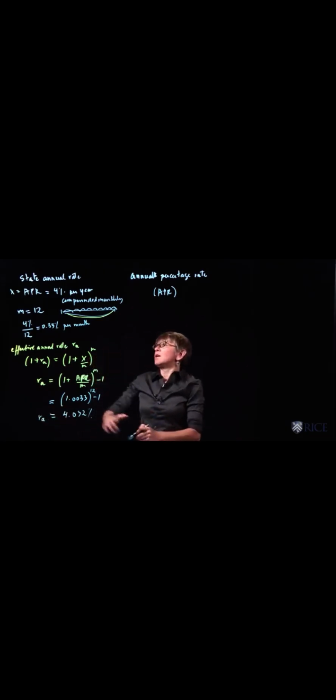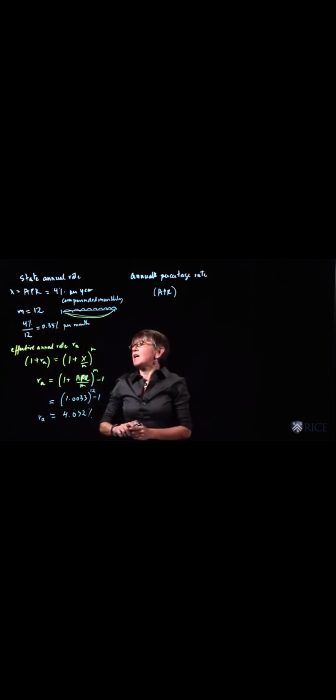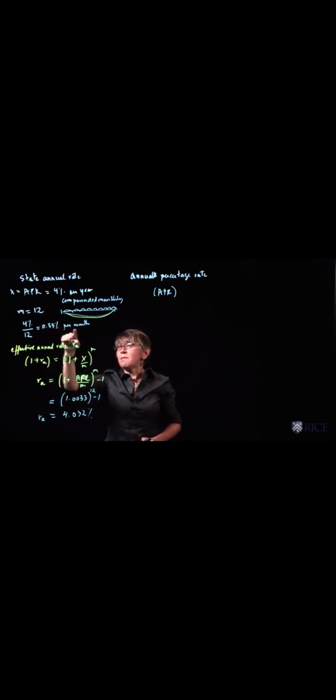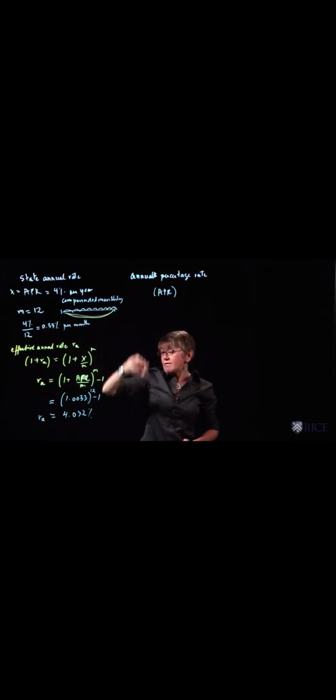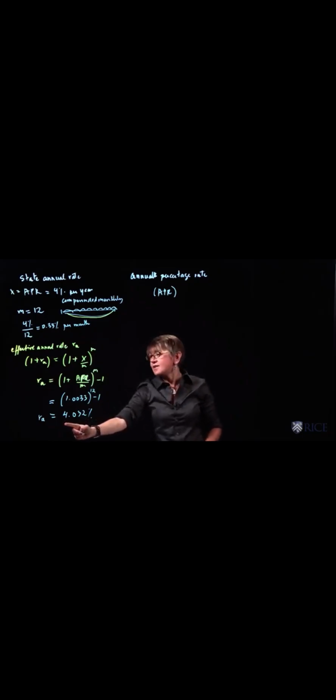So the stated annual rate was 4% per year, compounded monthly. That gave us 0.33% per month that is being compounded every month. So what is the effective annual rate over the year? Well, obviously it's going to be a little higher than 4%. It turns out to be 4.032%.